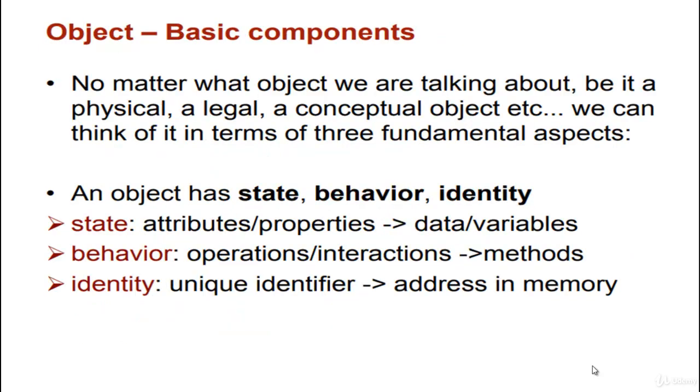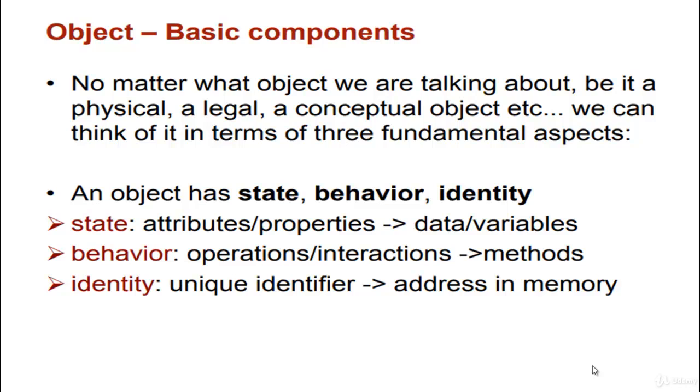So let's see the basic components of an object. No matter what object we are talking about, a physical, legal, conceptual object, etc., we can think of it in terms of three fundamental aspects.